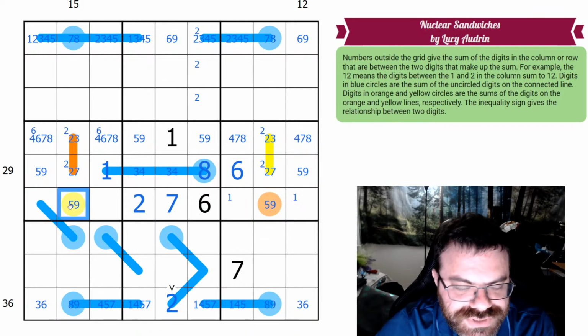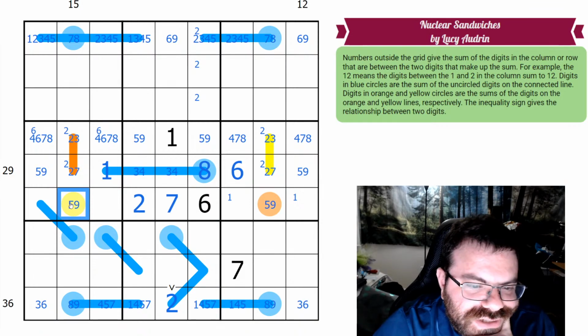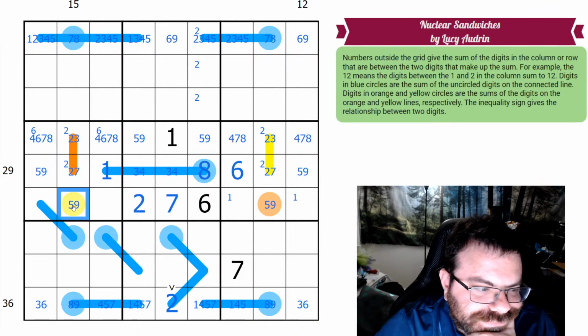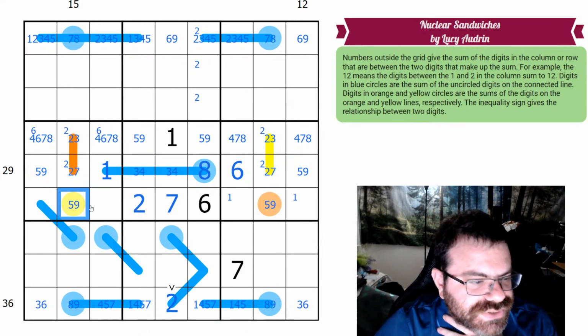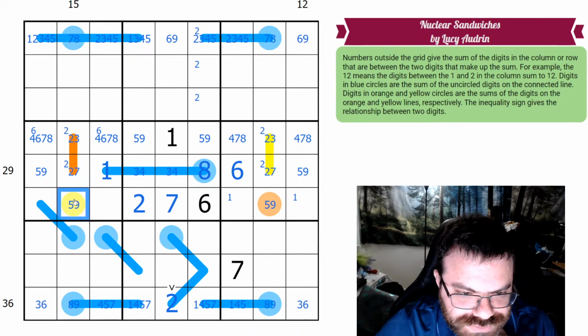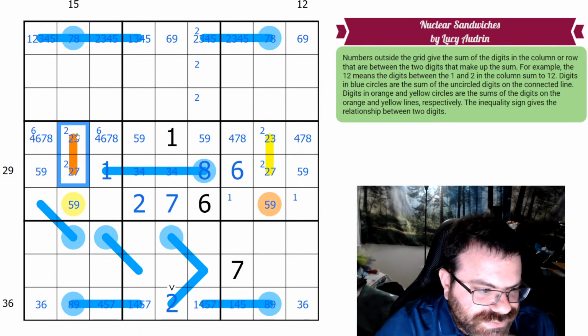Okay, so now if this were a 5, that would be part of the sandwich. So where would the 1 go? We couldn't have a 9. So we'd be 2, 6, 7 or 2, 3, 4, 6. So if this were the 5, this would be 7, 2.